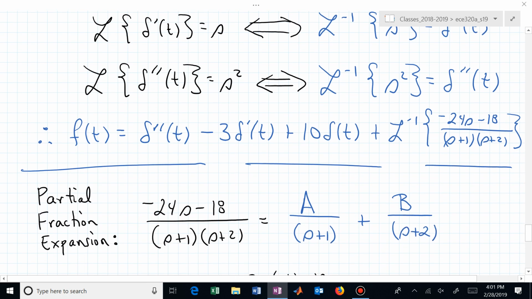Here's the partial fraction expansion. We simply have a term associated with one of those factors in the denominator. Relative to these factors in the denominator, what can we say about the case that we are dealing with?